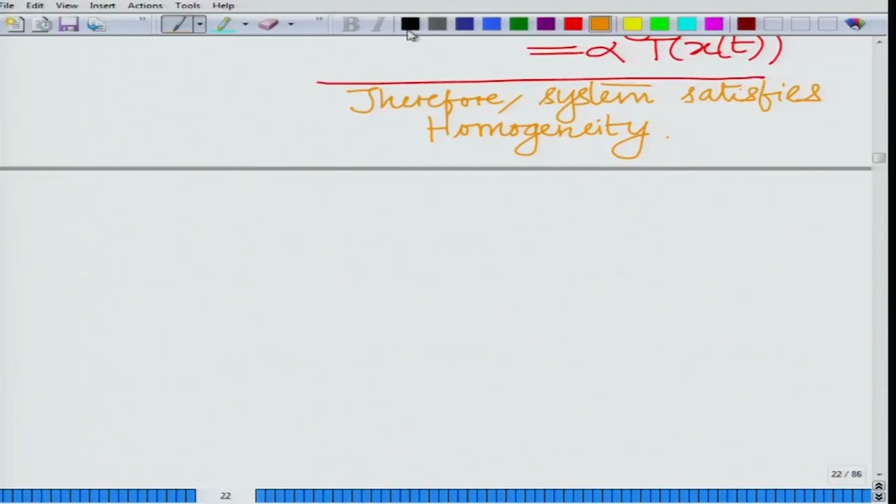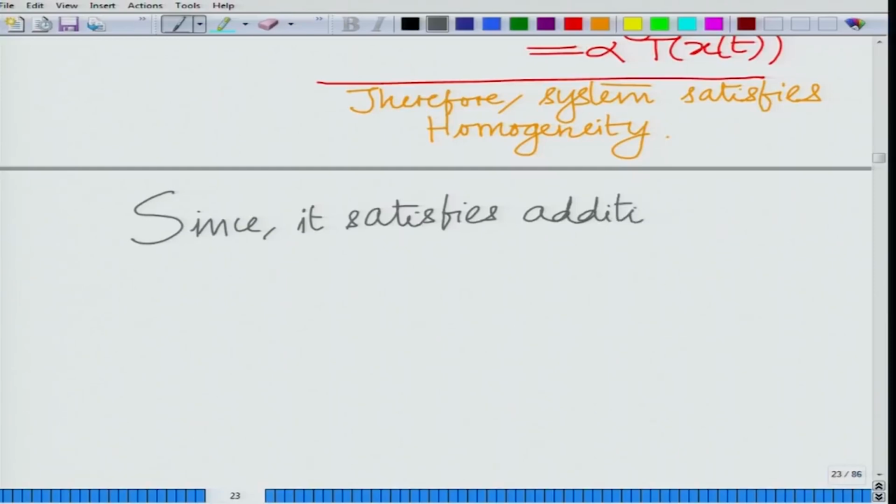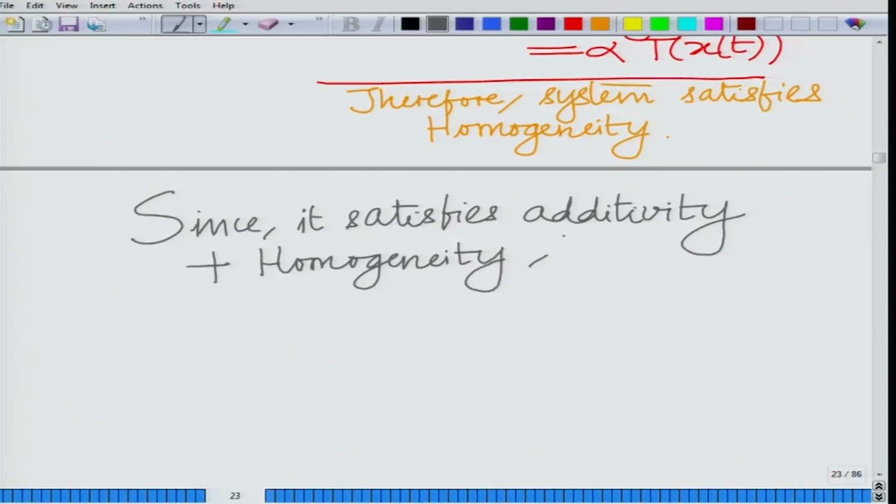Therefore, since additivity plus homogeneity hold, the system is linear.